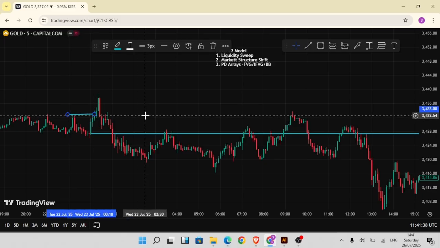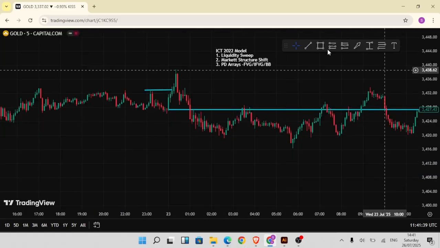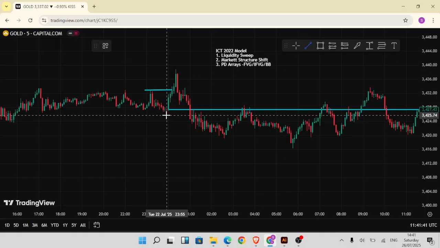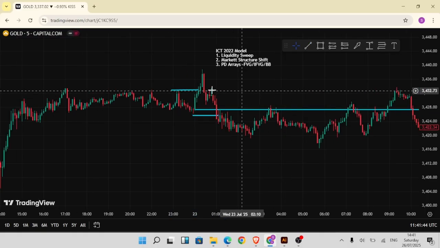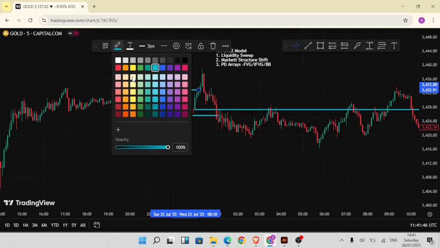As that is happening, this liquidity sweep happened, and then we waited for market structure shift. Let me change the colors of these ones.